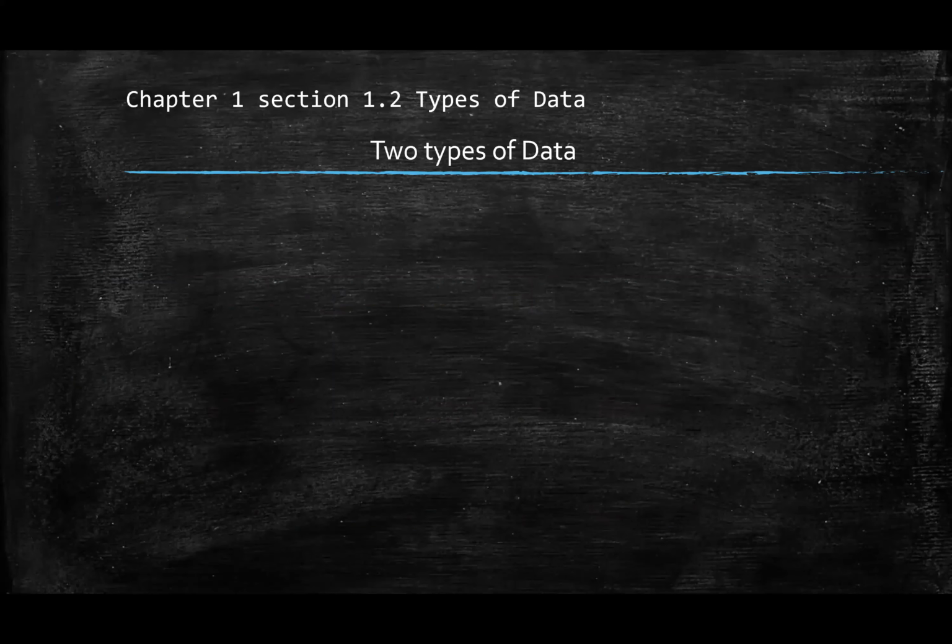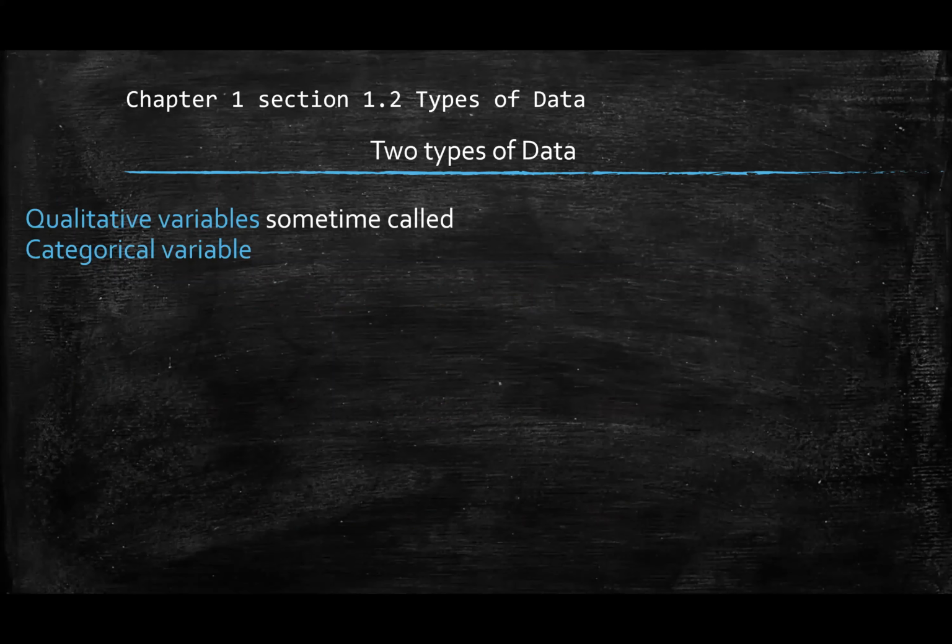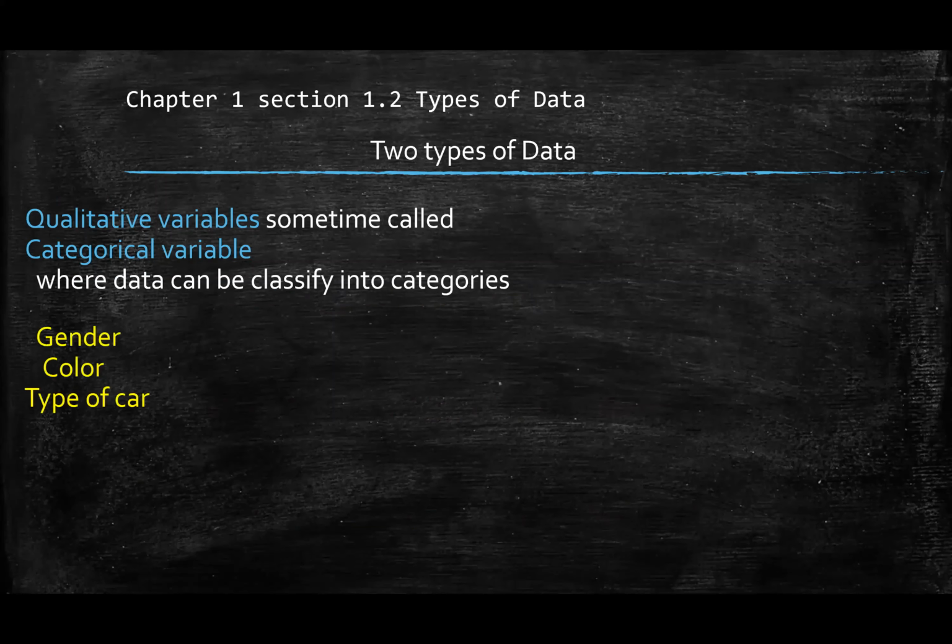There are two types of data, and this is what you need to know: the difference between the qualitative variable, sometimes called a category variable, where the data can be classified into categories. Meaning, for example, gender, which can be male or female, or the type of color.